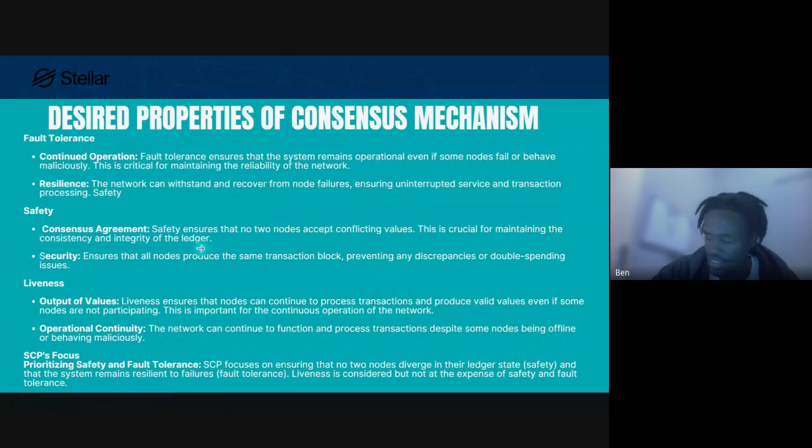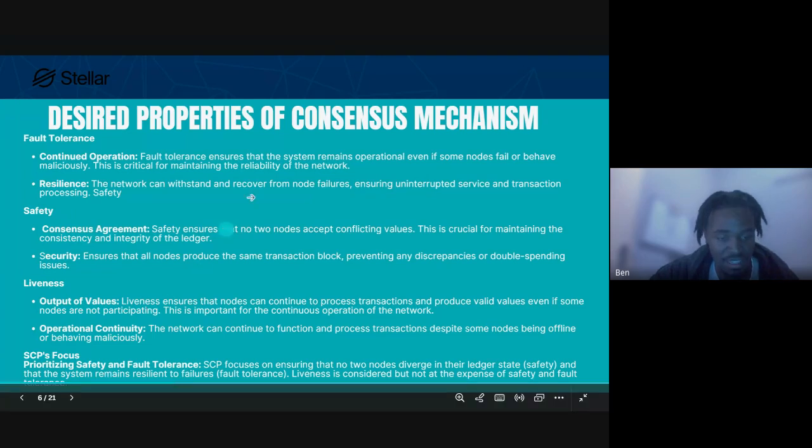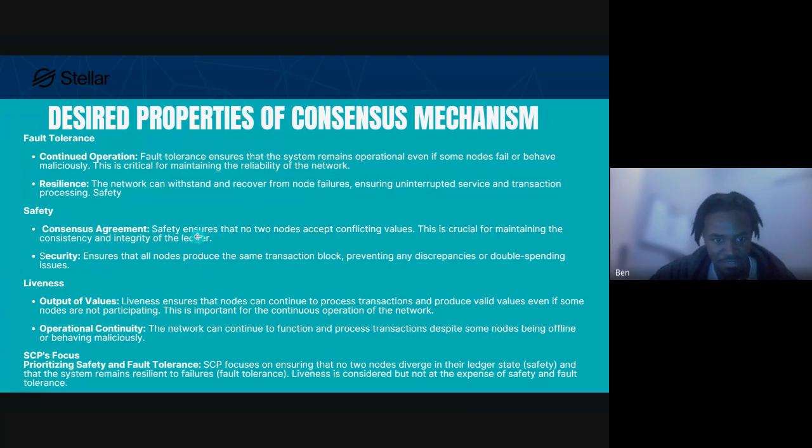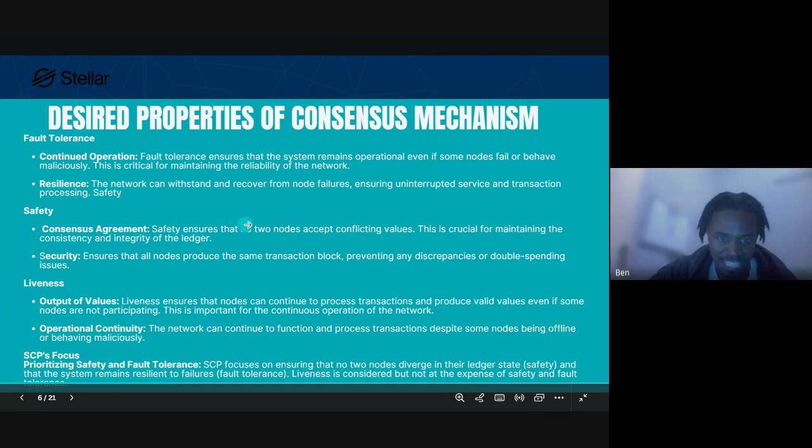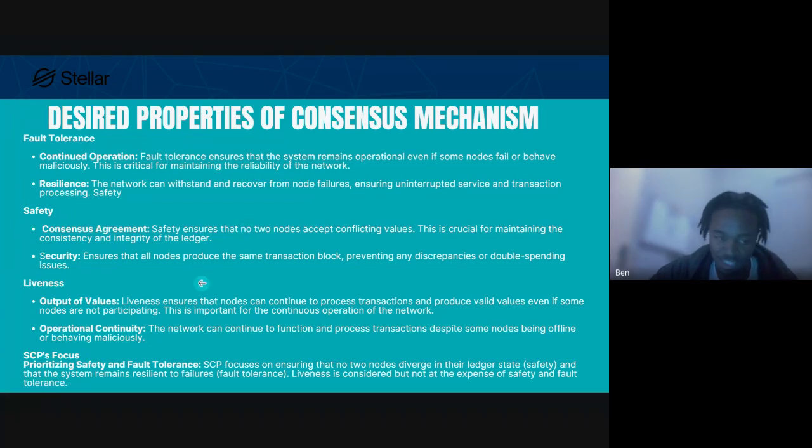And I think that makes sense, right? Because when you make your system, you have to make sure that even if the system is slow, or even if we might black out for a few seconds, there is safety and fault tolerance, meaning that no two nodes accept conflicting values, and there is consistency and integrity.